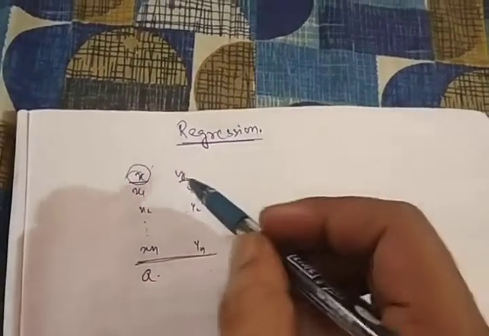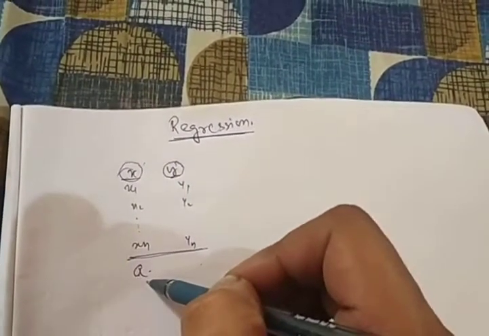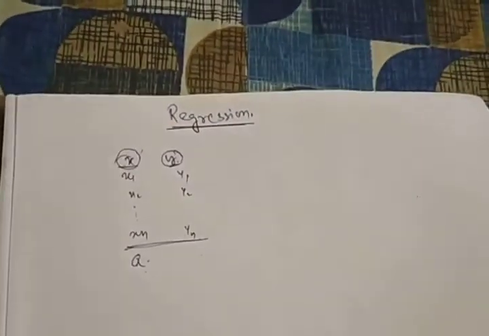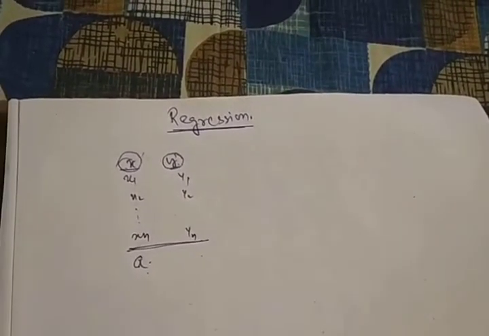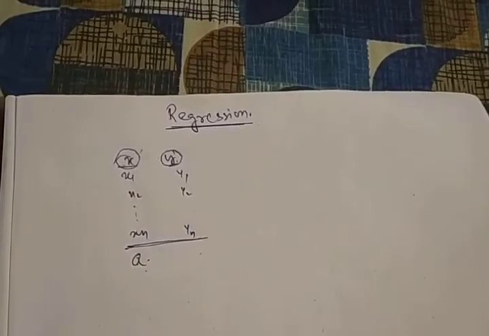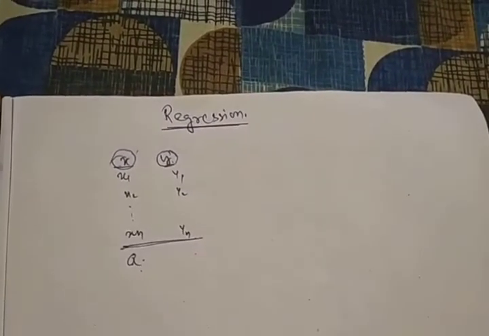So for a known value of x, which is a, we have to estimate the value of y by the process of regression. There will be a relation between x and y.